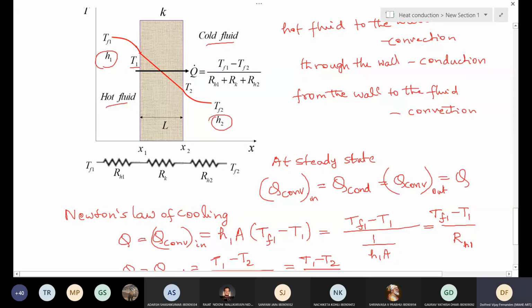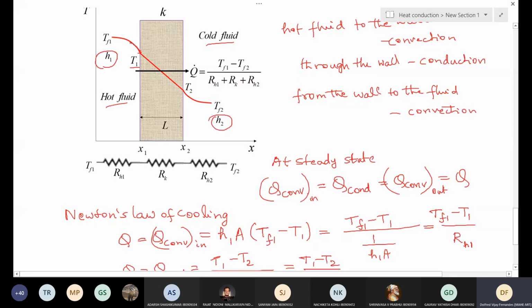Is it a continuity? Yes, sir. The temperature increases, right? The fluid very close to the wall has the temperature of T1. You're right. The temperature of the fluid very close to the wall is very near to T1, or slightly higher.